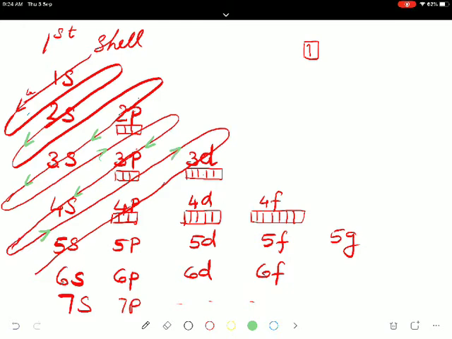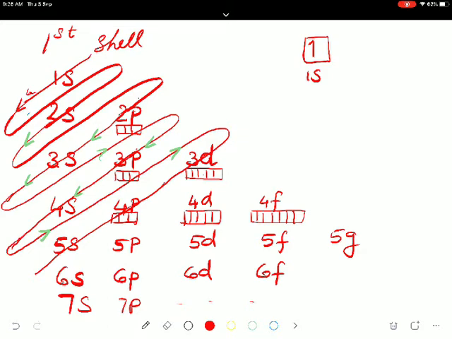See, so in 1s, one electron goes. If there are two electrons, then 1s2. This is the 1s orbital. If there is only one electron, as in the case of hydrogen, one electron goes there.